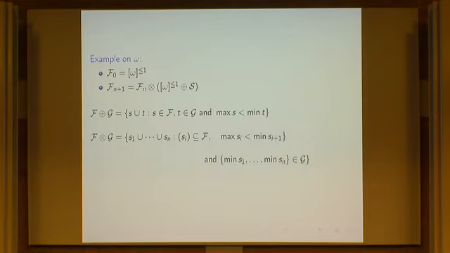And moreover, the set of the minimums of all of them belongs to the Schreier family. These are the singletons, and here I am adding to each element of the Schreier family one point.